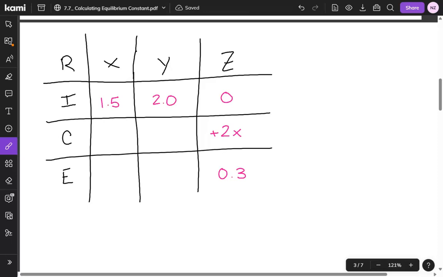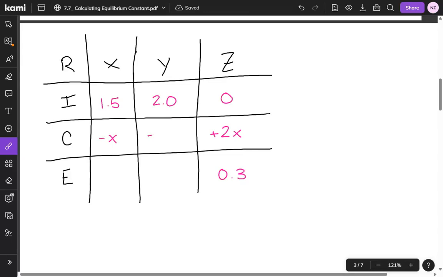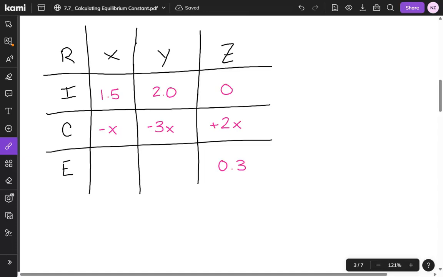X is going to go down because it's a reactant, by a factor of x, because there is no coefficient on X. For Y, it's going to go down by a factor of 3x. Those are our change values. E is what the concentrations are at equilibrium. So our initial concentration, 1.5, minus x will be our equilibrium concentration for X. Y will be 2 minus 3x.